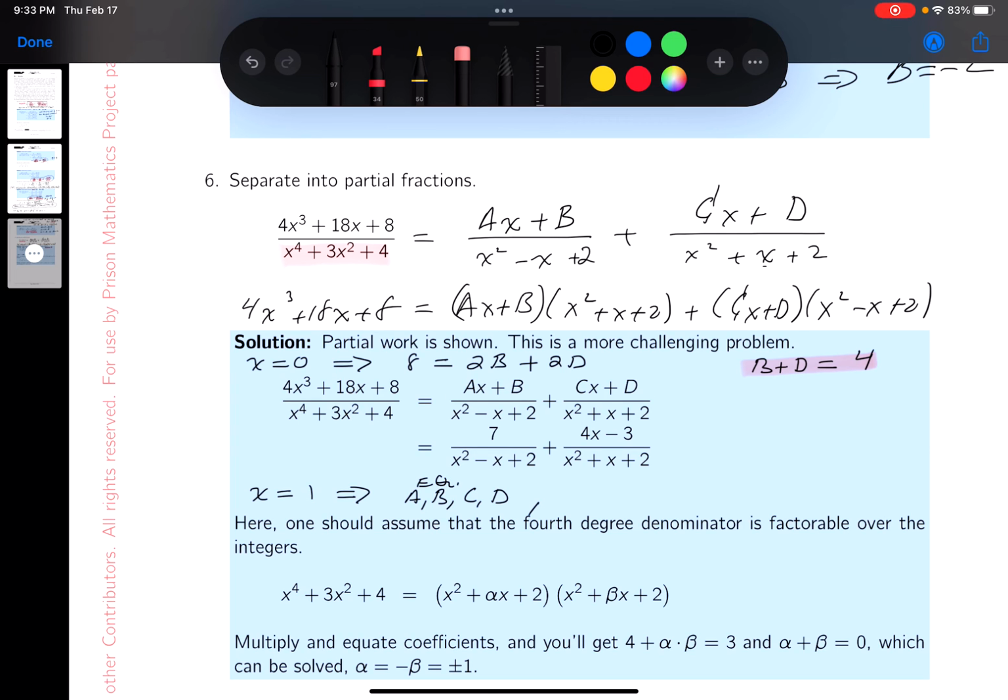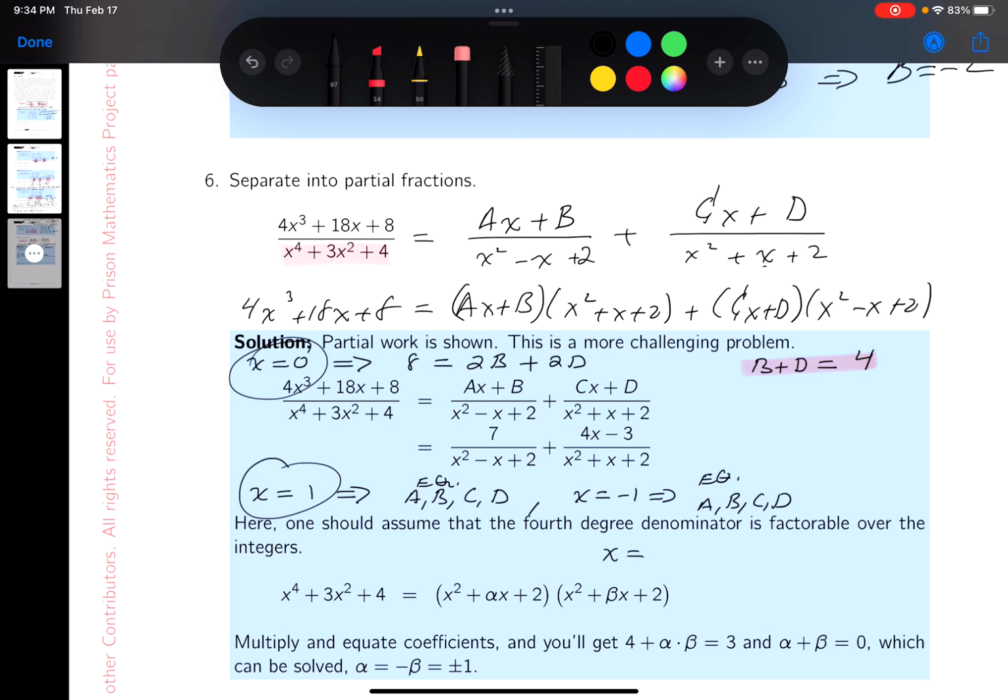You pick another number. Like maybe x equals minus 1. This is going to produce another equation in A, B, C, and D. You've got another equation. And I got 3 equations already. And you can pick another value. What's a good value to pick? I don't know. A value that you like. Now, certainly I wouldn't pick 0 again. You've already done it. I wouldn't pick 1 again.